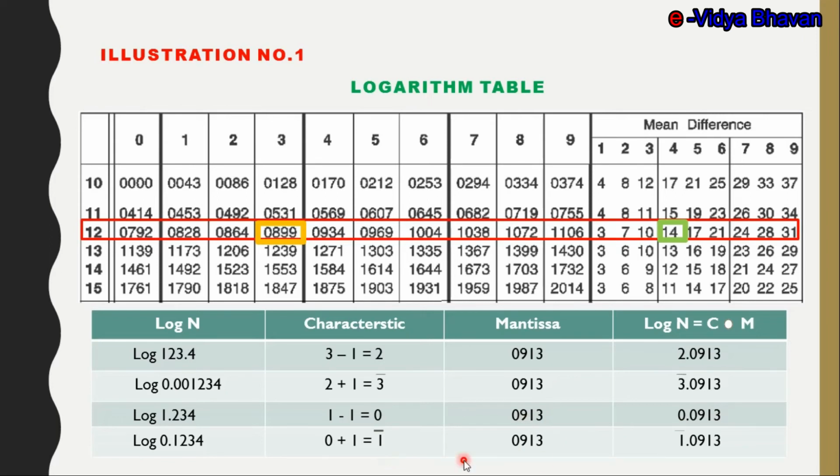Characteristic is 1 bar dot mantissa 0913. So to repeat again, we first need to find out the characteristic, and secondly we find out the mantissa, and take the characteristic decimal mantissa.